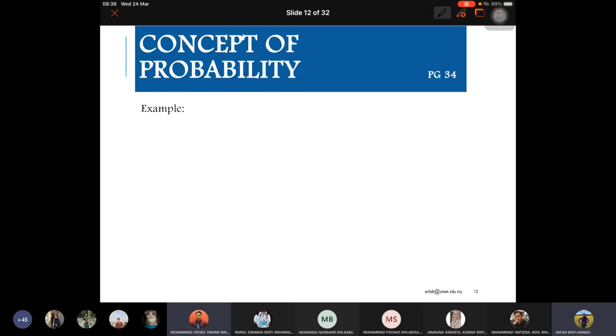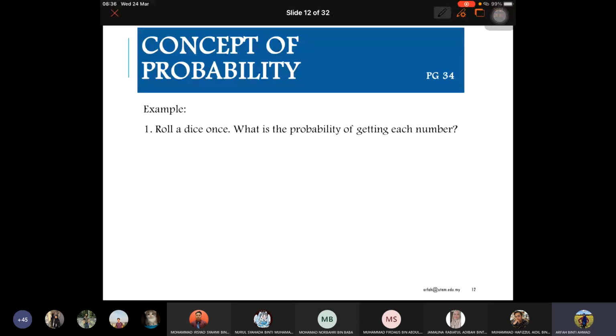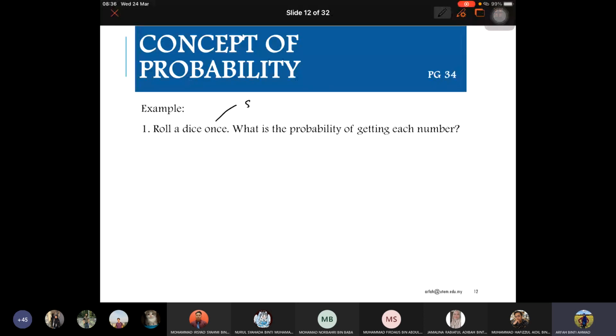So kita tengok concept of probability. Roll a dice once. What is the probability of getting each number? Okay. So maksudnya awak lambung dadu tadi, dia punya sample space kita akan ada dapat nombor 1, nombor 2, nombor 3, 4, 5 atau 6. Okey. So, kebarangkalian dapat nombor 1 berapa? Dapat nombor 2 berapa?